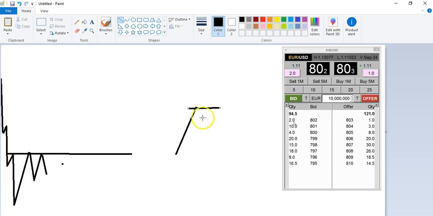So we don't know for sure, right. What these guys are going to do right here is bring the market down a little, attract sellers, and make it look like price is actually respecting this resistance zone.